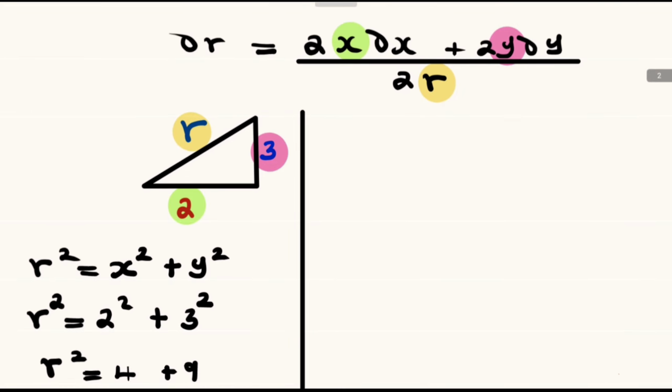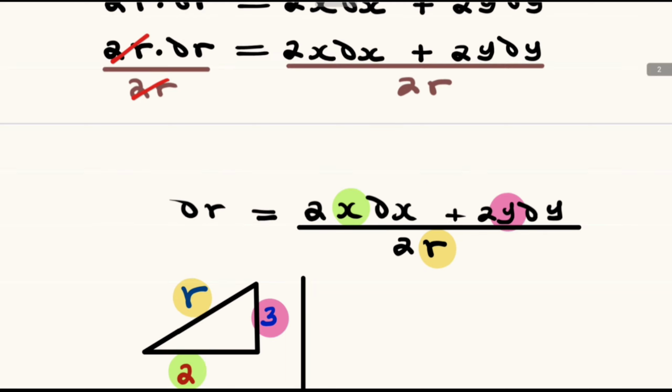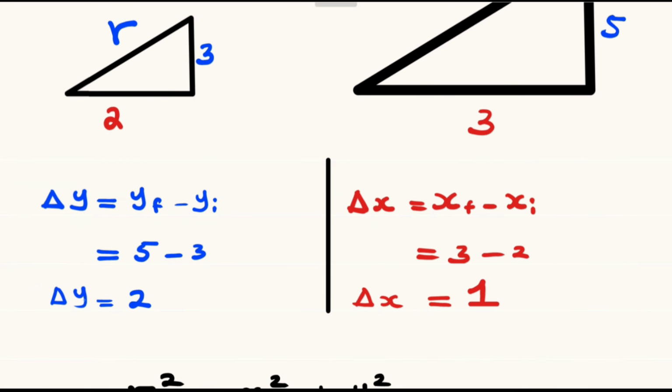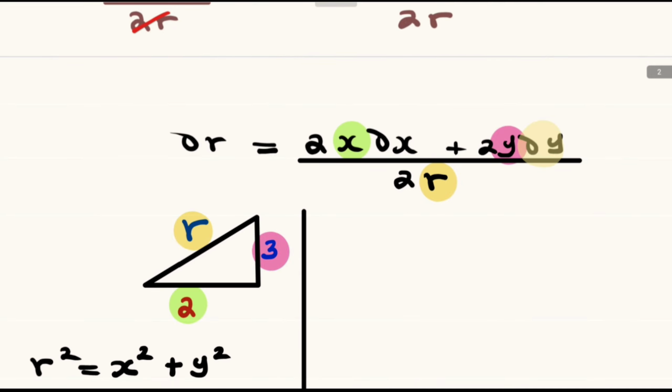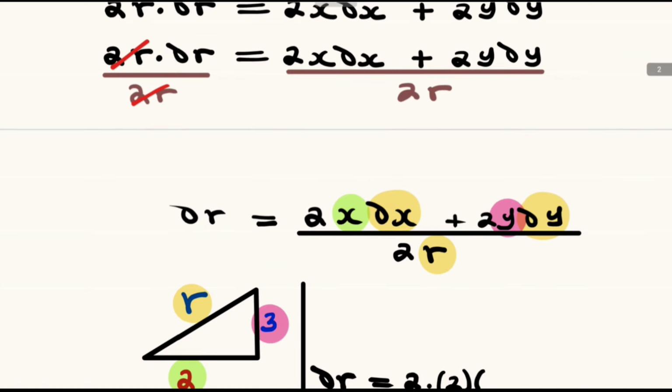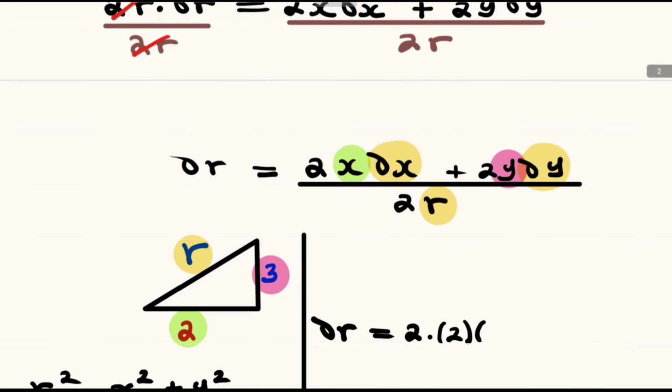And remember, we determined the partial change in x and y. So remember that at the top here, this change in y is actually the partial derivative of y, and this change in x is the partial derivative of x. So we'll substitute them there. So the partial derivative of r will be equal to 2 multiplied by, in the place of the x, we have that 2, and in the place of the partial derivative, we substitute the 1. The partial derivative is the change in.